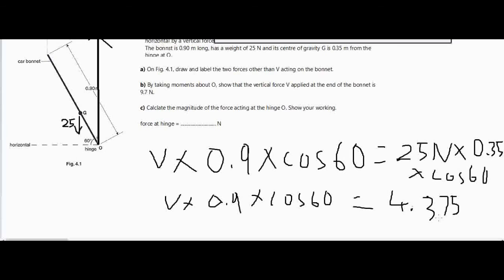And now we can multiply 0.9 times cosine 60, and we'll get 0.45.